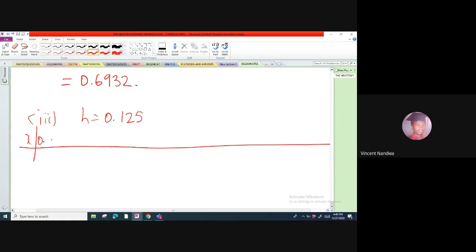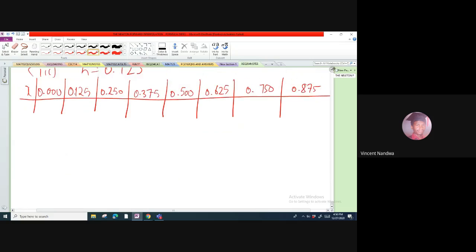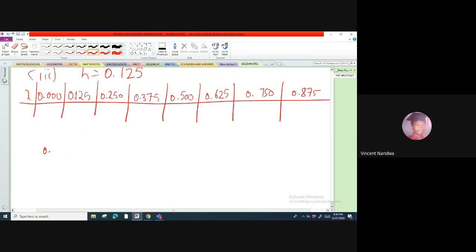We'll have x as 0.00, 0.125, 0.250, 0.375, 0.500, 0.625, 0.750, 0.875, and then 1.000.